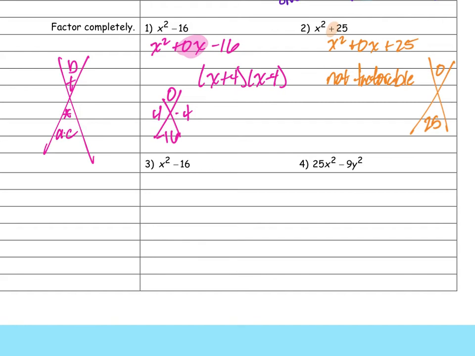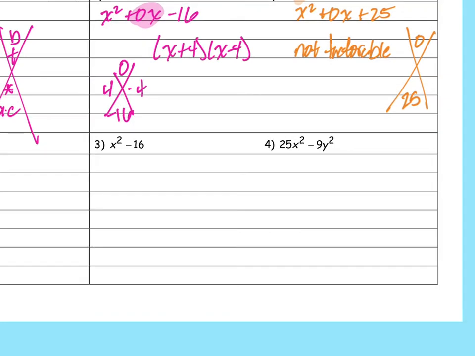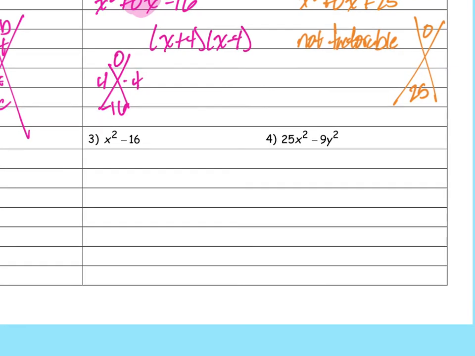Okay, so I'm going to do 4. So I'm going to rewrite this as 25x squared plus 0xy minus 9y squared.